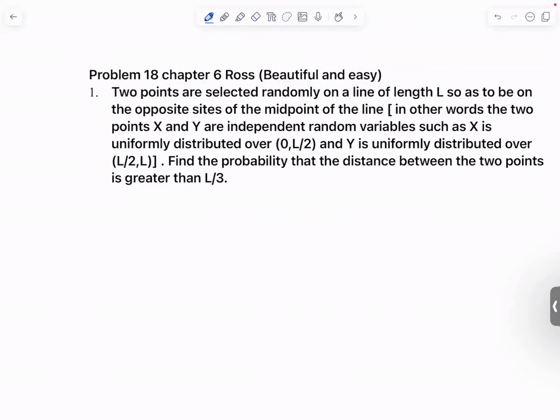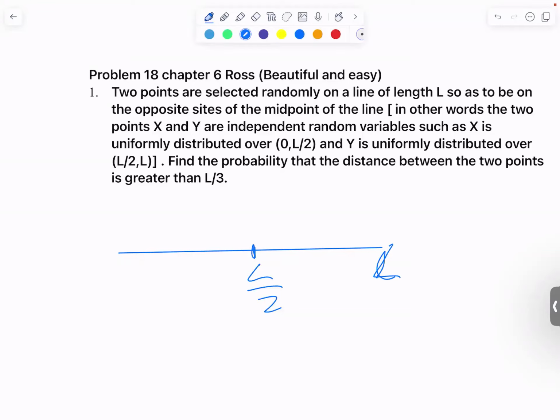In this video, I will show you how to solve problem 18 of chapter 6 in the Ross probability book. Basically, the problem is they gave you a line segment of length L, and they have the middle point L over 2, and they pick two random points, one on the right of the middle, and one on the left of the middle.